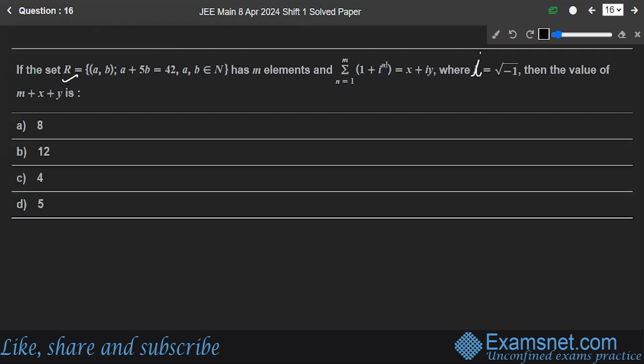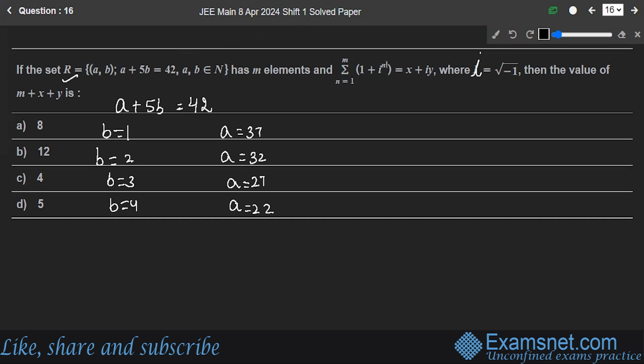Here you have to find numbers such that a plus 5b is equal to 42 and a, b belong to the natural numbers. Let's start with b equal to 1. If b is equal to 1, you will solve and get a as 37. If b is equal to 2, a will be 32. For b equal to 3, a is 27, and you are seeing that they are decreasing by 5.